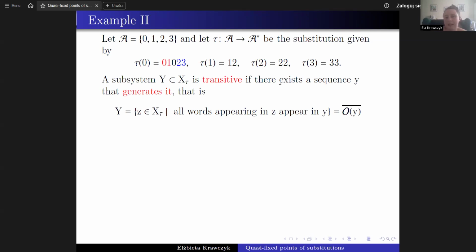So there exists some sequence Y such that the set Y can be described either as an orbit closure of Y or, in this combinatorial way, as all sequences in my system such that the language of the sequences is contained in the language of Y.